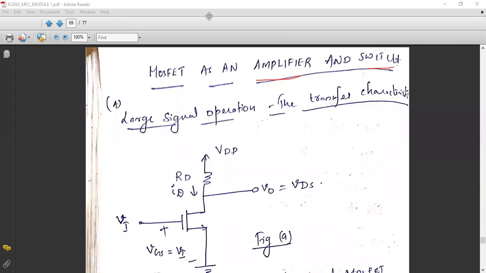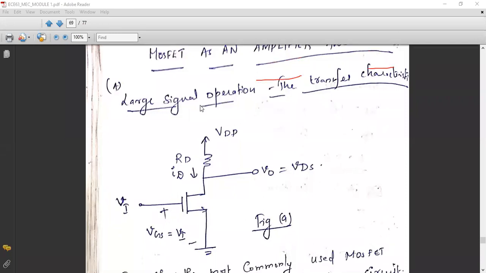To explain how this MOSFET is acting as an amplifier, first we will explain the transfer characteristics. With the help of transfer characteristics only, we are going to explain how this MOSFET is acting as an amplifier. For that, we first have to go for what is large signal operation. Through this large signal operation, we will derive the transfer characteristics of a MOSFET.